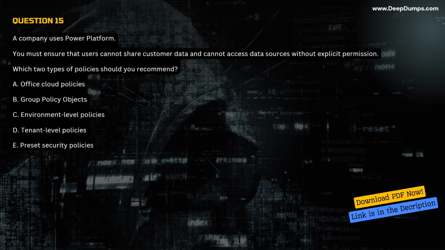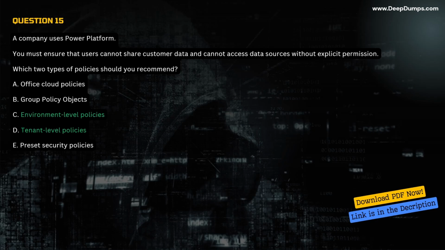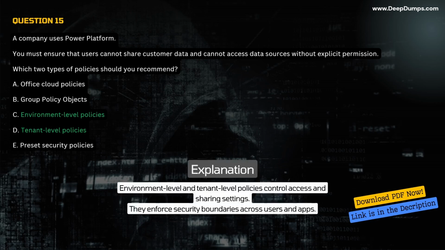D. Tenant Level Policies. E. Preset Security Policies. Correct answer C and D. Environment Level Policies. Tenant Level Policies. Explanation. Environment level and tenant level policies control access and sharing settings. They enforce security boundaries across users and apps.